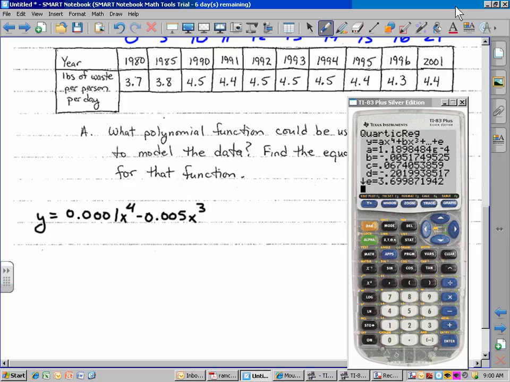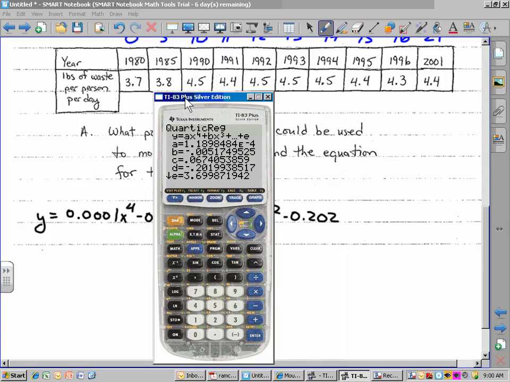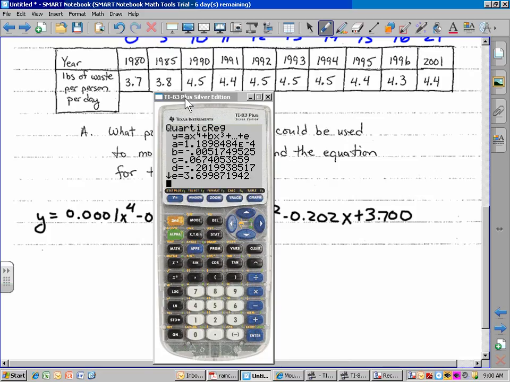All right, we have plus 0.067x squared, negative 0.202x, and 3.700 on the end.